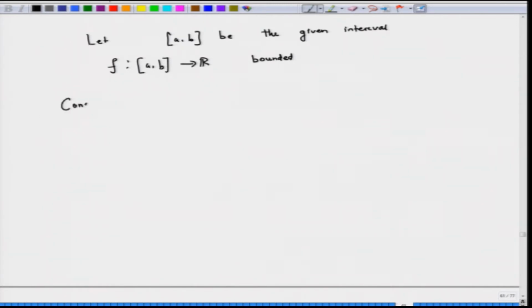So now consider a partition P of [A, B]. What do I mean by that?